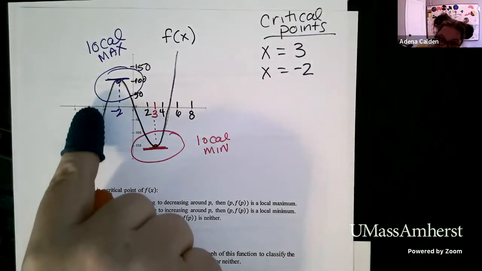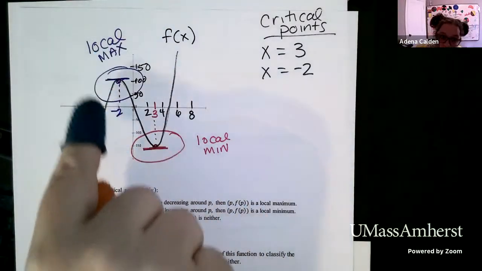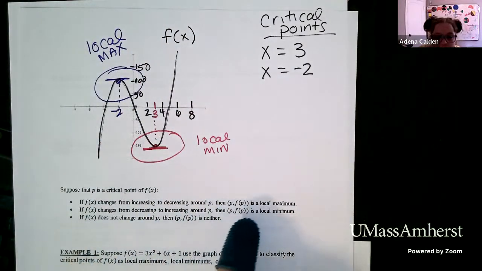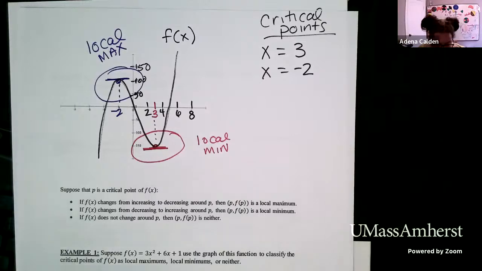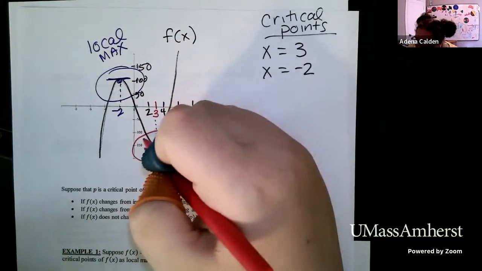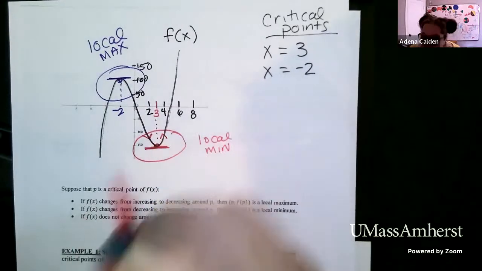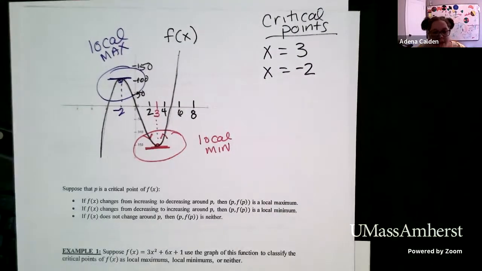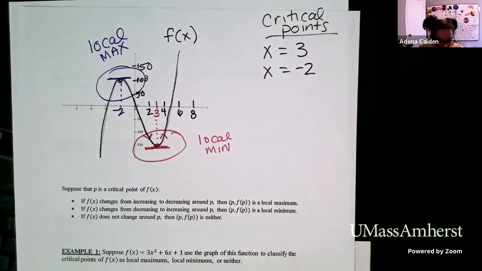We're visually looking to see, does it create this hill? If f of x changes from decreasing to increasing, then we have a local min. That means we're going in the downward direction, and then we're going up, so it makes this U shape. Then we have a local min. And if it does not change at the point P, then it's neither.